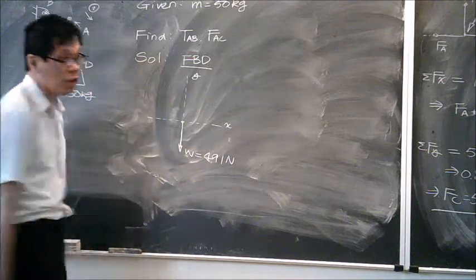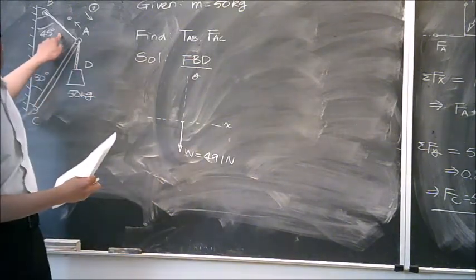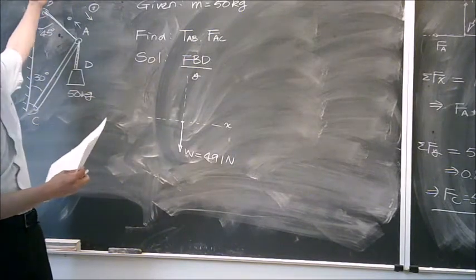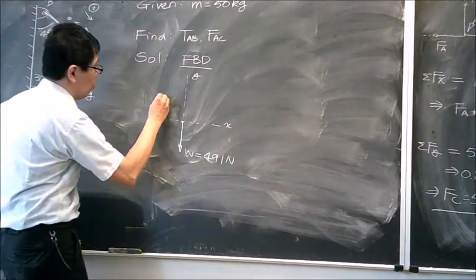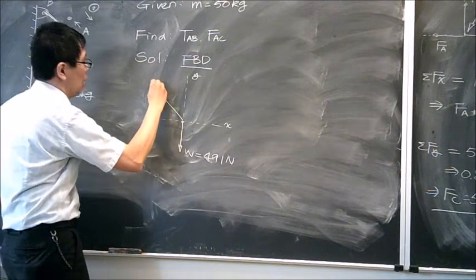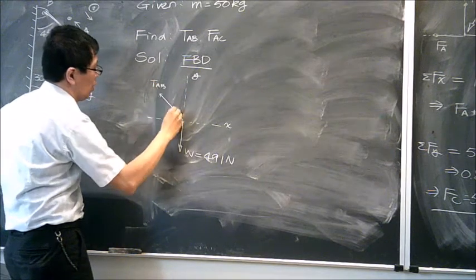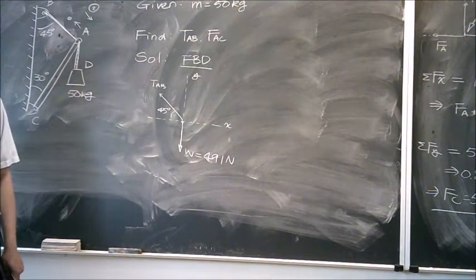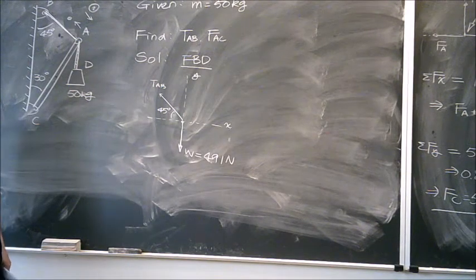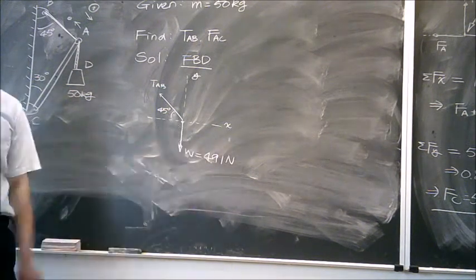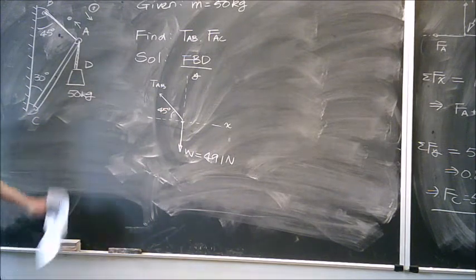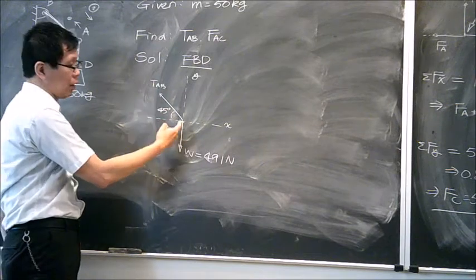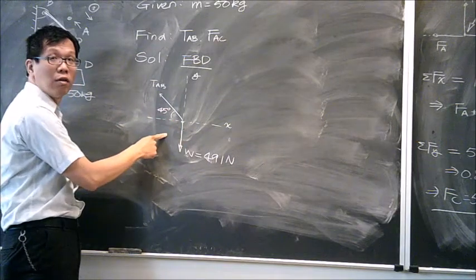Now, I'm telling you, the force along this cable is tightened in that direction. So we know FAB is going to be at 45 degrees with respect to the x-axis. Now, you have a force over here, you have a force over here. It has the tension in this direction, right?